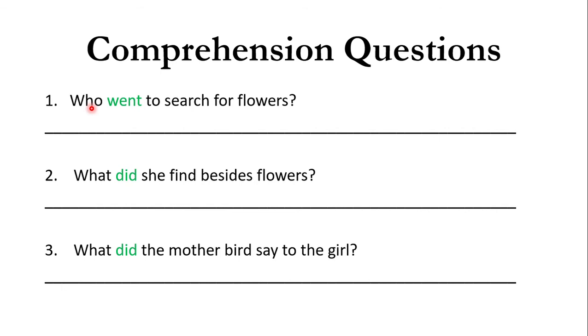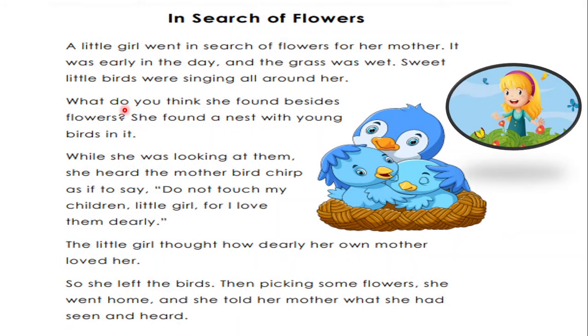We said we have to look at the tense of the question. What do you think? Is it in the past, present, or future? Past. Who went? Went here, past. So who went to search for flowers? Let's get back to the passage. A little girl went in search of flowers.